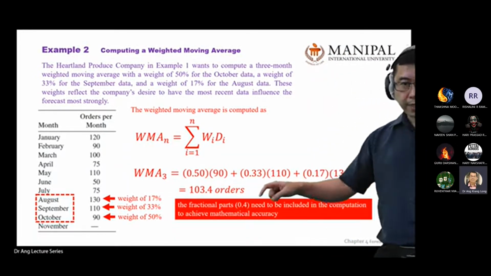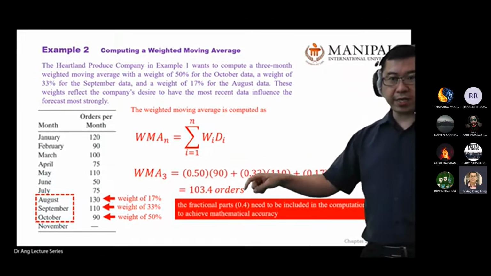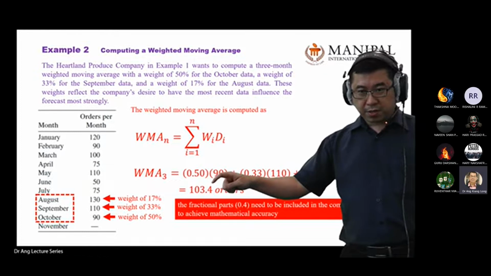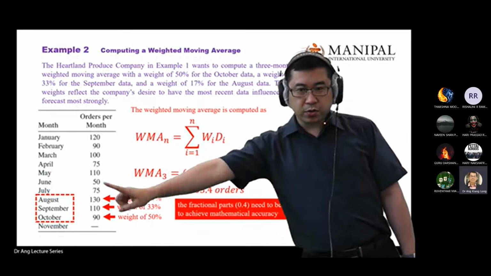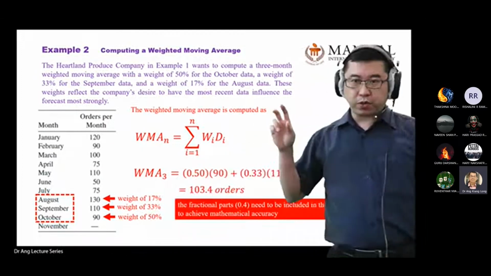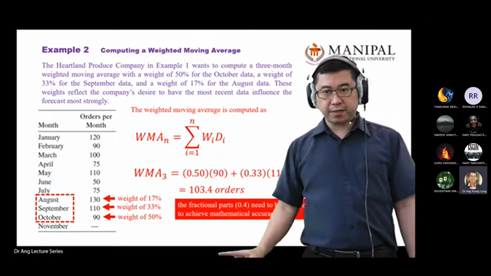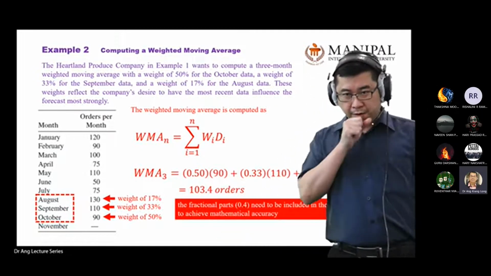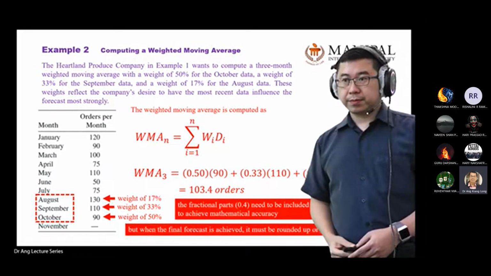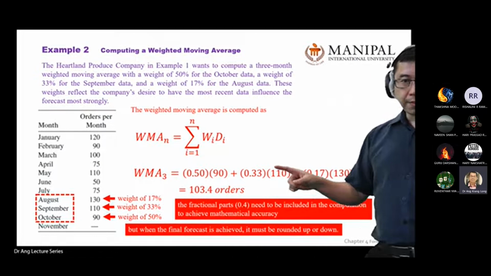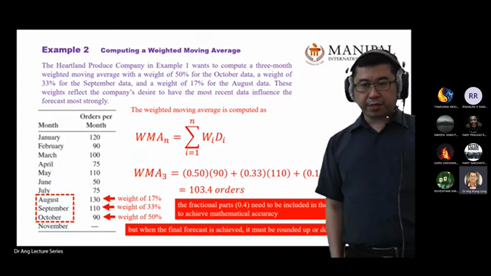So just a note, when you do forecasting, always include the decimals behind your numbers. Raw data is okay, you don't have decimal places, but when you do forecasting, minimum 1 decimal place behind the full number. When you do analysis, always have 1 decimal place.